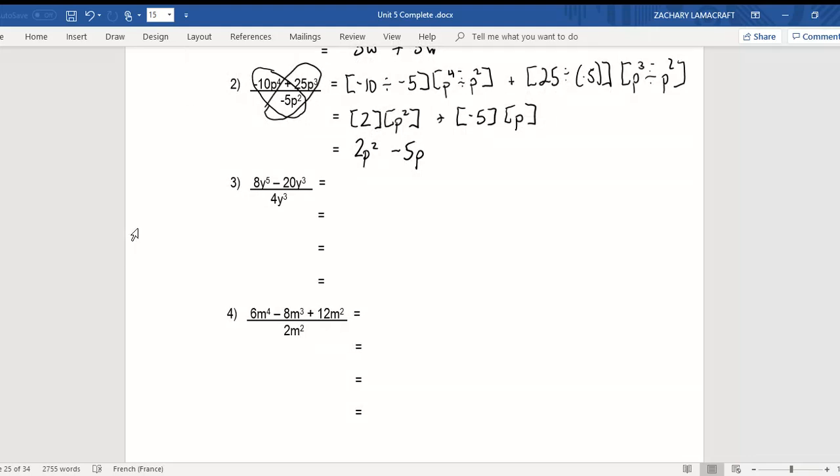All right, the next one, if we look at the first term, 8y to the 5 minus 20y to the 3, all divided by 4y to the 3. We'd take our numbers in our first one, so 8 divided by 4, and y to the 5 divided by y to the 3.